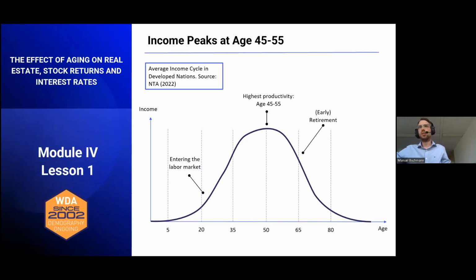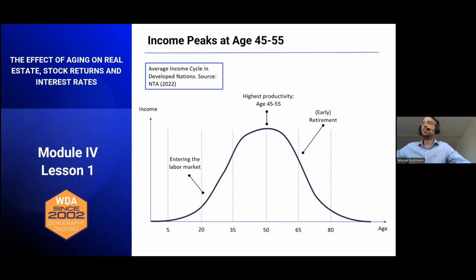This remains very low and starts increasing around age 20 once the typical individual starts entering the labor market. Here, income starts increasing rapidly and consistently up to around age 45 to 55, which is generally the highest productivity. At this age, we earn the most, we are the most productive.